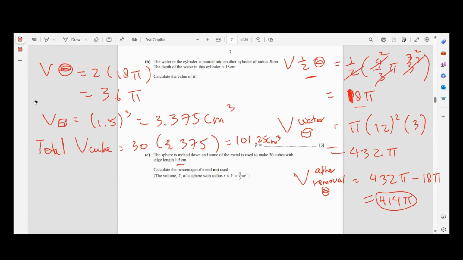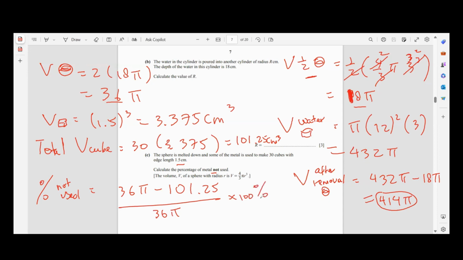And then we have to find the percentage of the metal that is not used. So the volume of the sphere not used. The volume of the sphere 36 pi minus the total volume of the cubes that we want to make, 101.25, over the volume of the sphere 36 pi, times 100%.